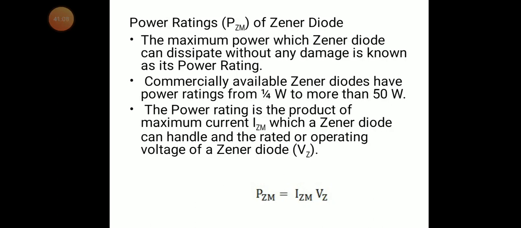Iz means the Zener diode maximum current, and Pz means the maximum power which can be withstood by the Zener diode. The power rating is given by the product of Iz maximum and the rated or operating voltage Vz of the Zener diode.